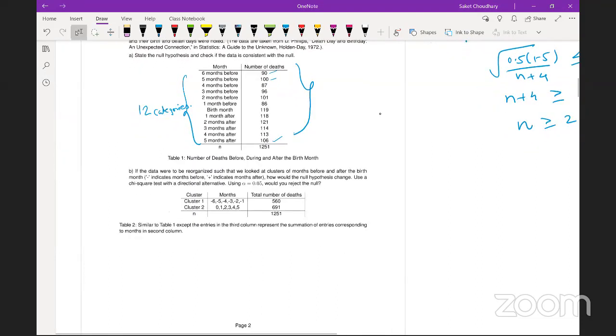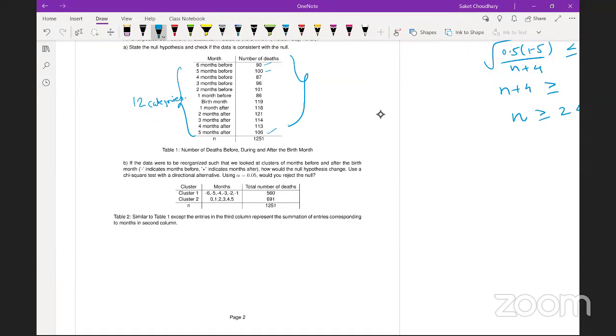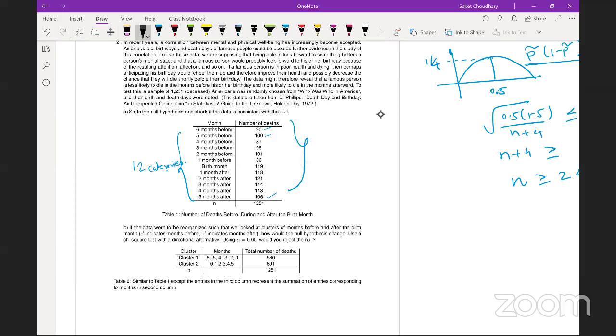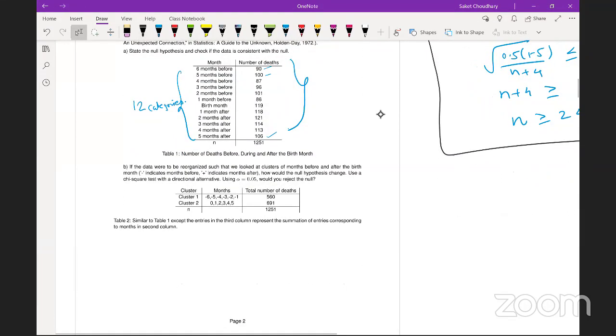Okay, so what is going to be a null, right? So the first problem asks us about the null. So this is problem 1, right? So in problem part A, we are asked what the null is. Okay, and the null is very simple, that there is no relation between birth month and the month of death.